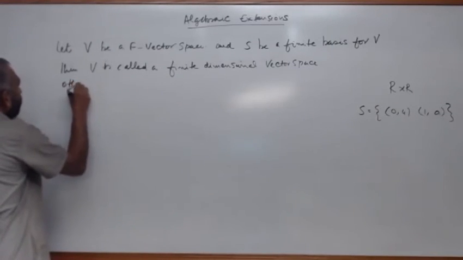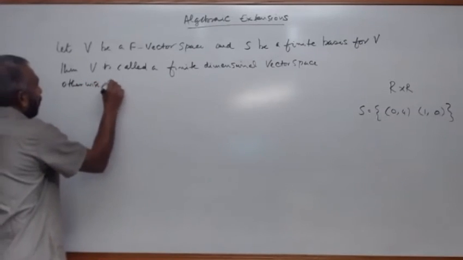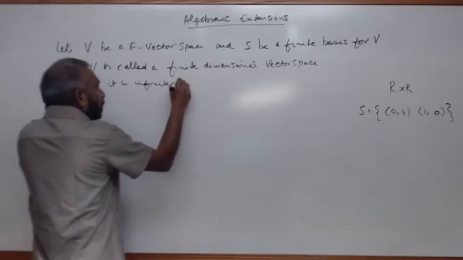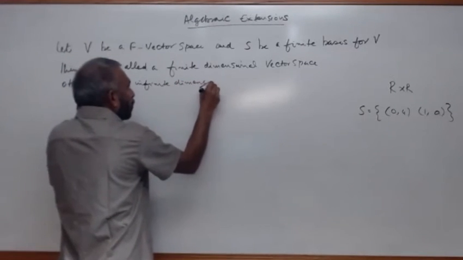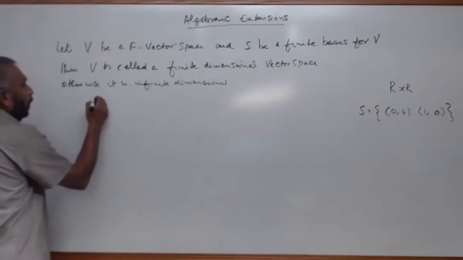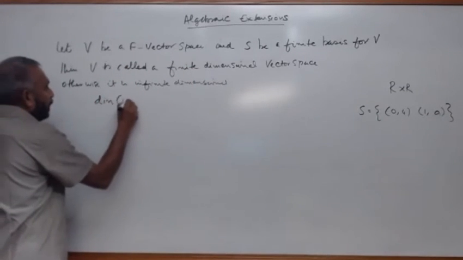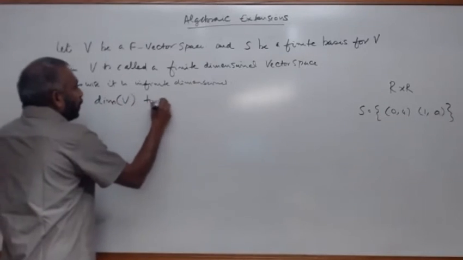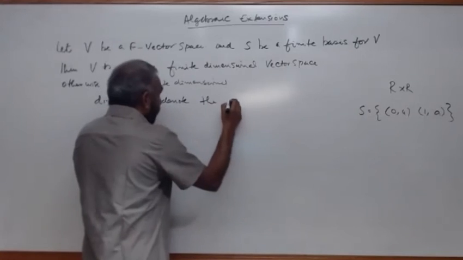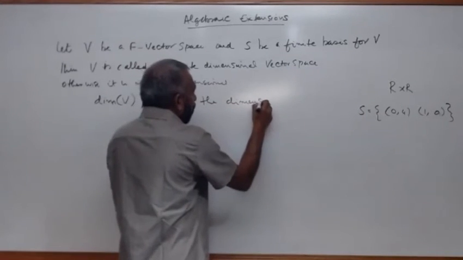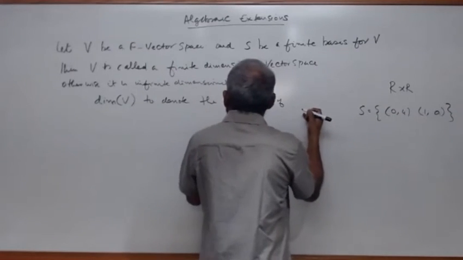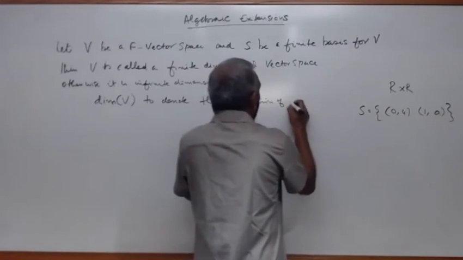Otherwise, it is infinite dimensional. And we normally use dim of V to denote the dimension of V.